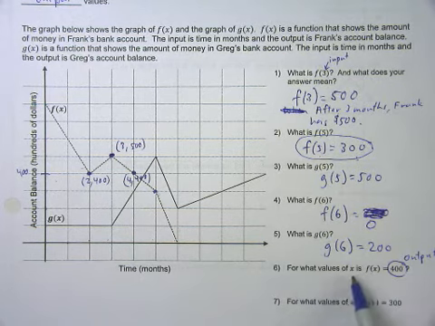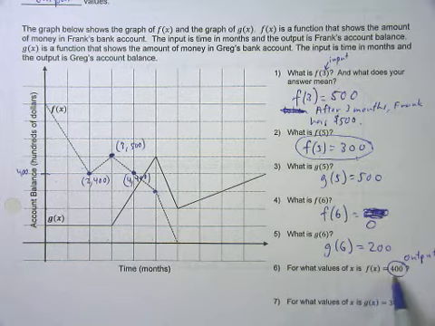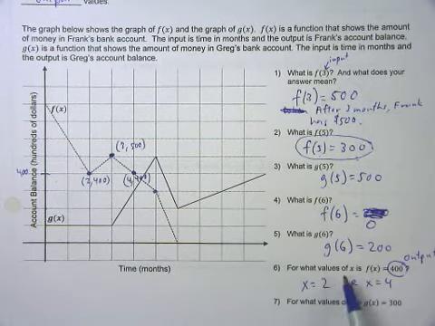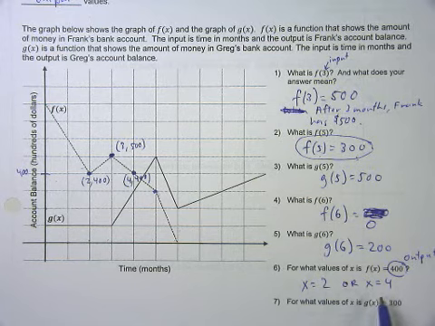Or in other words, what input values are going to give us an output of 400? Well, there's 2. X could either be 2 or x could be 4. Those are the 2 values of x, 2 or 4. Those both have an output value of 400. Go ahead and do the last one.